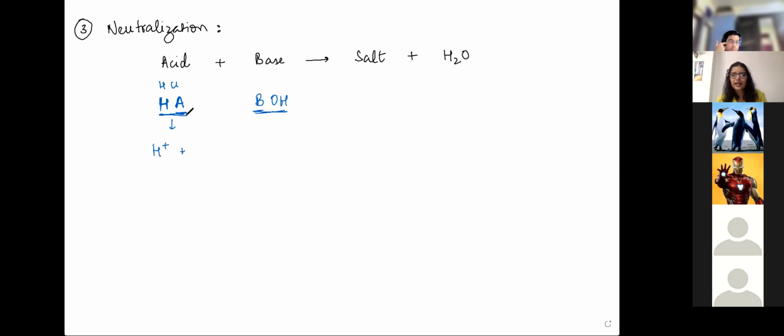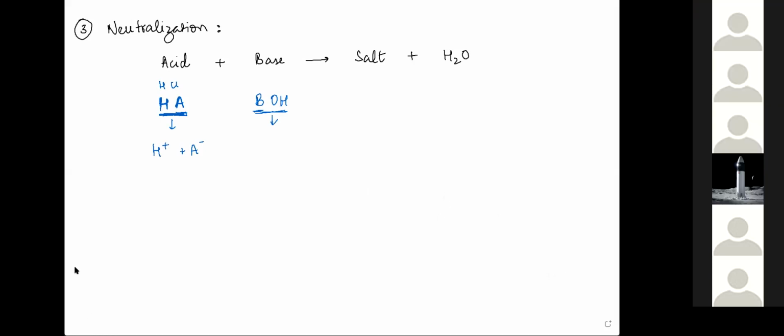Because we considered our acid as HA, A minus is our anion. Similarly, what ions do we get out of the base, Jaden? Ma'am, B plus and OH minus. Very nice. Yes, B is the cation, and OH minus.